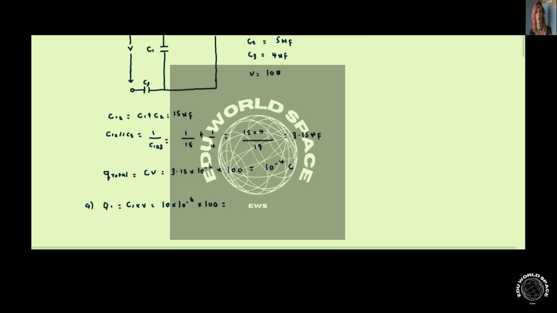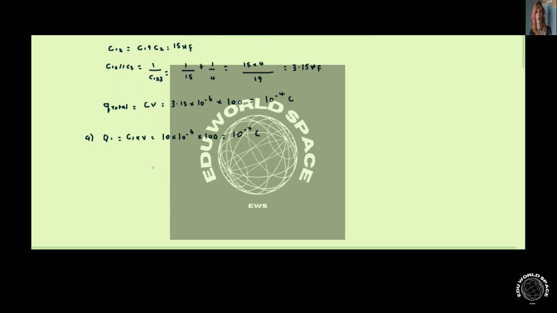Input that into your calculator, you have 10 to the negative 4 coulombs. So that's the charge across C1.